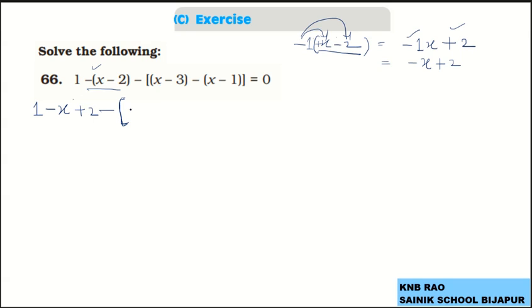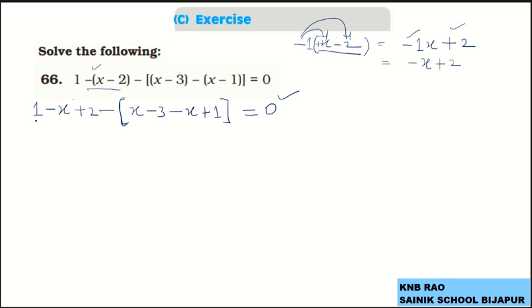Now, inside the square bracket we have x minus 3, and this minus removes the bracket, minus x, and minus of minus becomes plus 1. So, equal to 0. Here right hand side we have got 0. So, all simplification is done in left hand side.